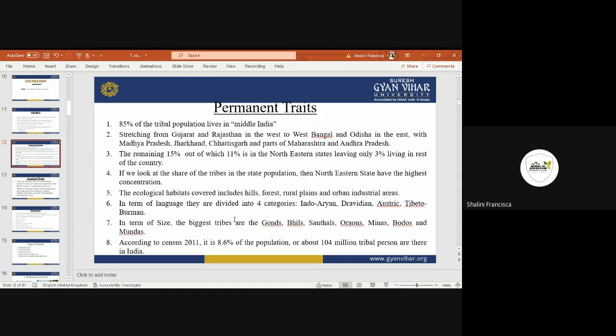This sentence gives a very big picture of the tribals living in India, like Gujarat and Rajasthan, which have huge land holdings. If you look at the Indian map, Rajasthan, Madhya Pradesh, and Maharashtra are the biggest states with big landscapes.